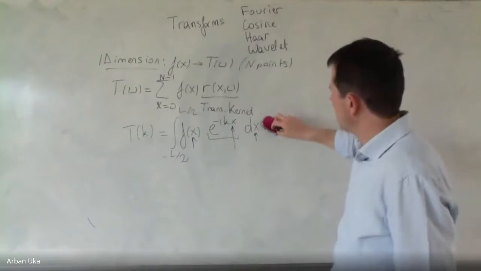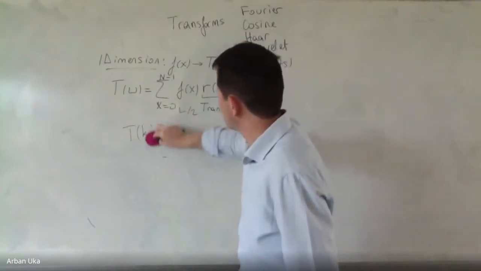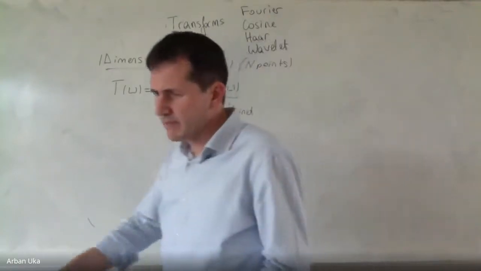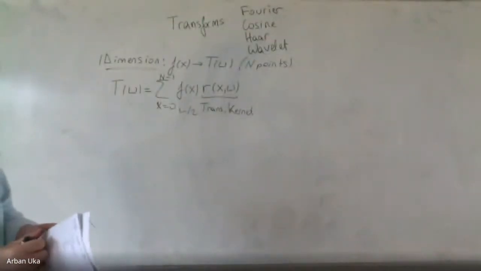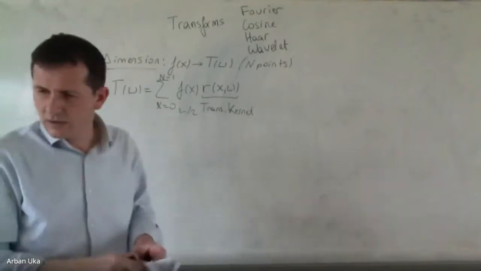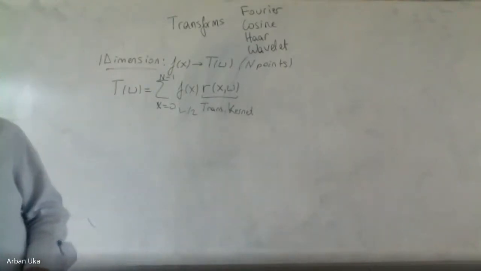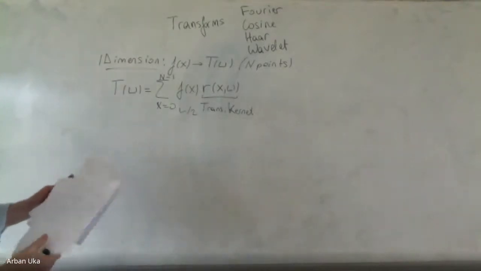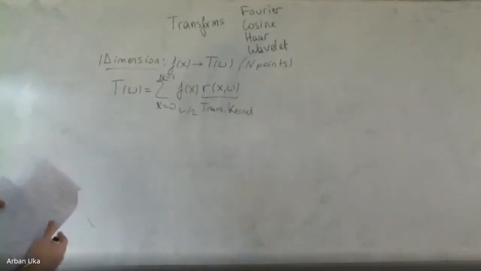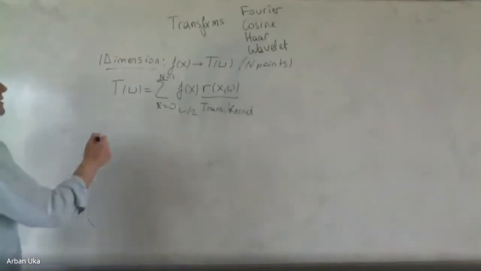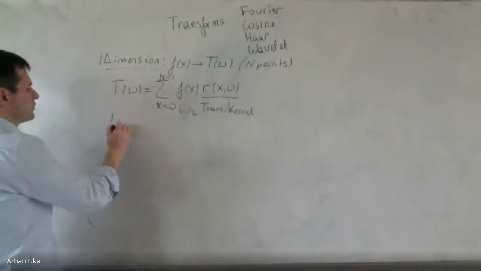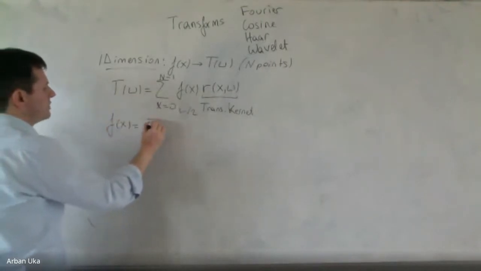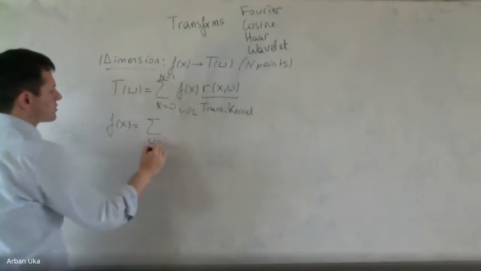Now, I can erase this part, and this was the transformation kernel. With this transformation kernel, we can also construct the inverse of this transformation, which is f of x, and it will be equal to a sum over u.